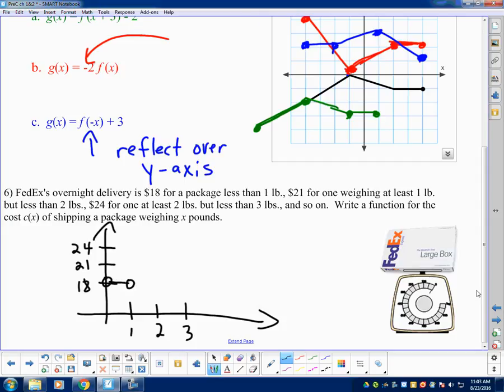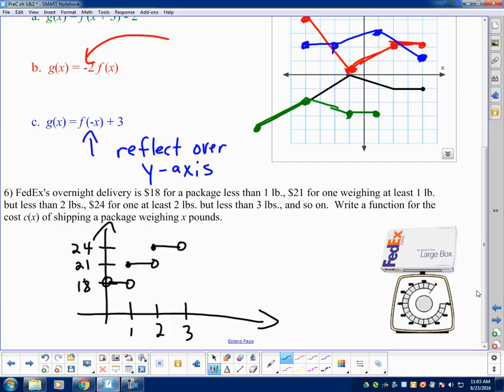If it's between 1 pound inclusive but less than 2 pounds, the cost is $21. And then at least 2 pounds but less than 3 pounds would be right up here at $24, and it just keeps on going.